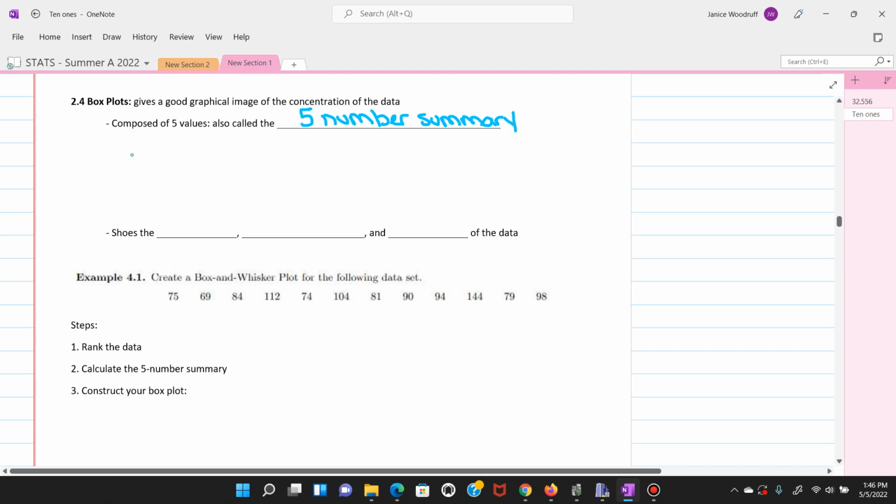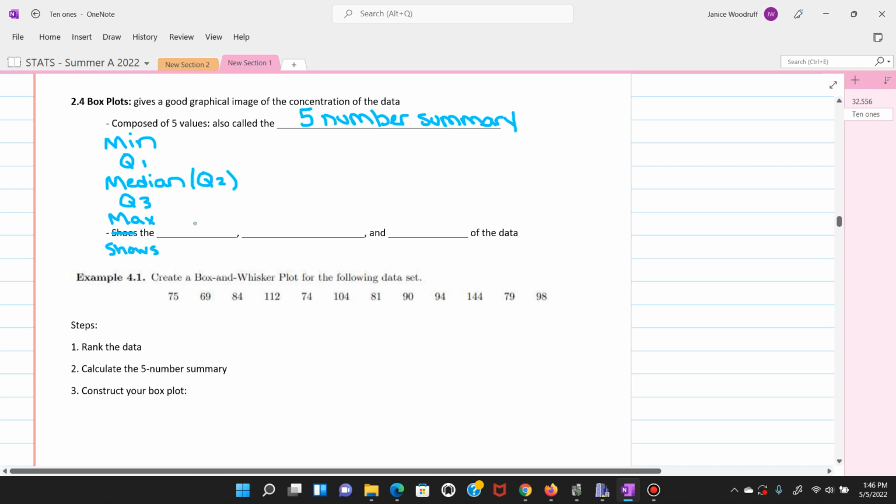Okay, so that 5-number summary is going to be the minimum, the quartile 1, the median, which is quartile 2, then quartile 3, and then the max. So minimum is the smallest number, maximum is the largest number.